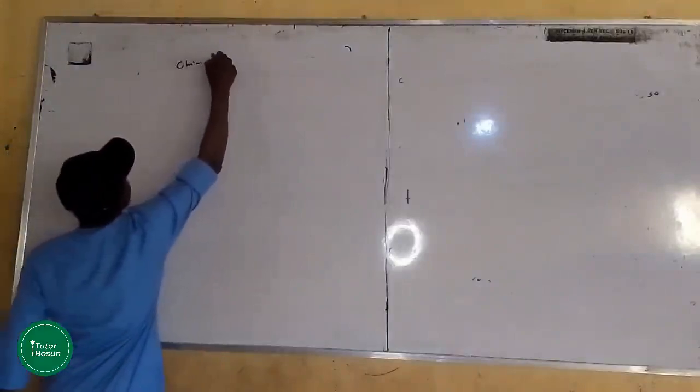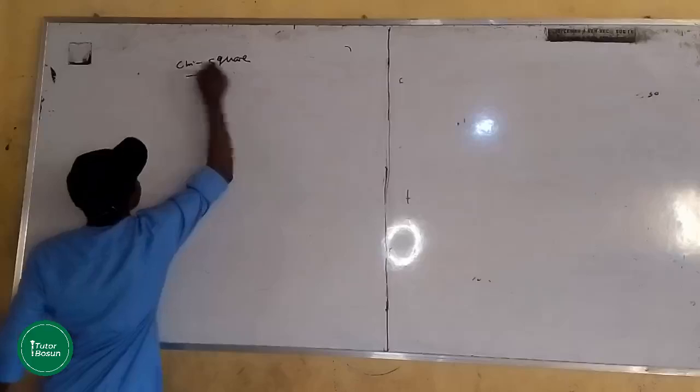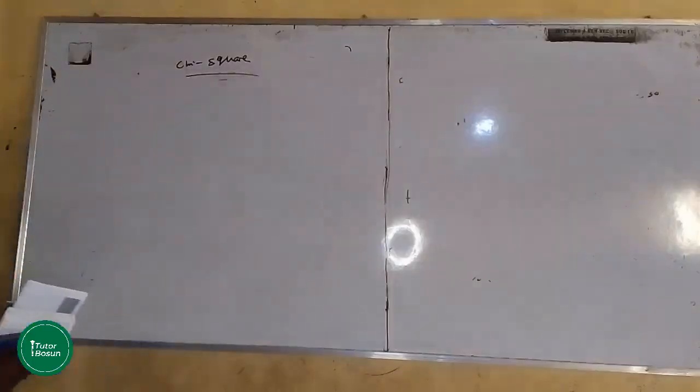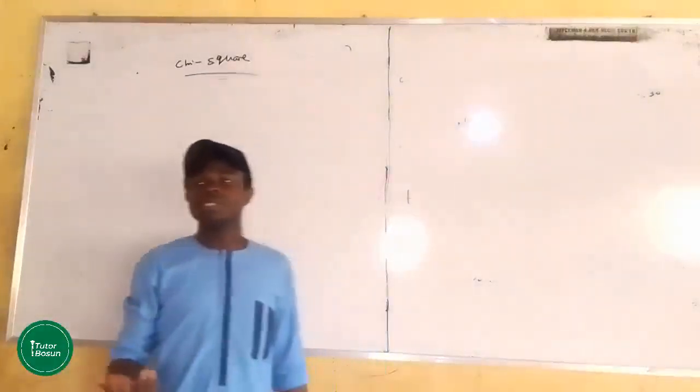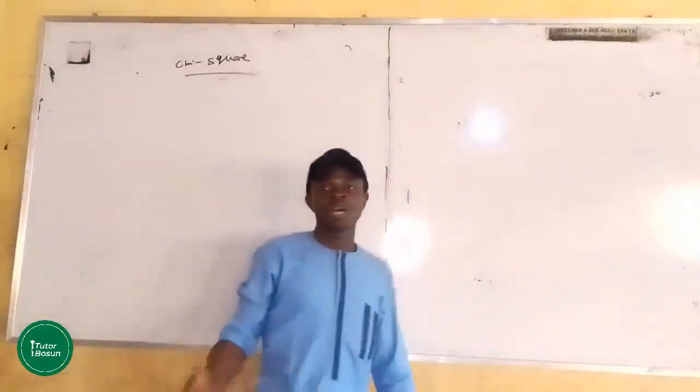Chi-square is also a good type of test of statistical hypothesis. In chi-square, just like your t-test and your z-test, you need to determine your null hypothesis and your alternative hypothesis.